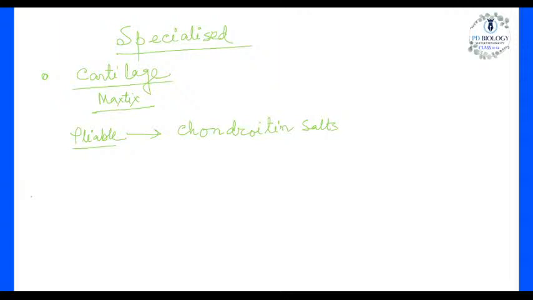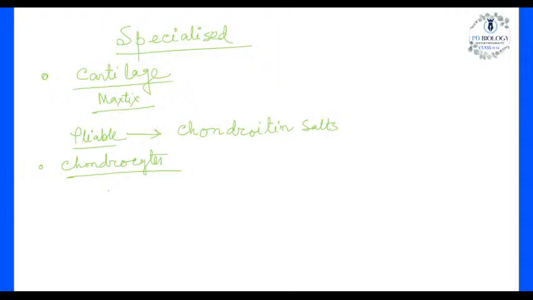The cartilage cells are chondrocytes, enclosed in small cavities within the matrix secreted by them.